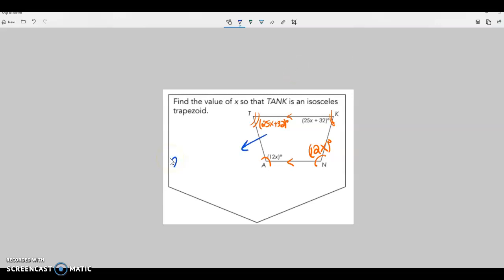This is not preferred: 2 of the base angles plus the other 2 base angles have to equal 360 degrees, right? Or you can just jump to the idea that the consecutive angles are going to be 180 degrees. So 12x plus 25x plus 32.